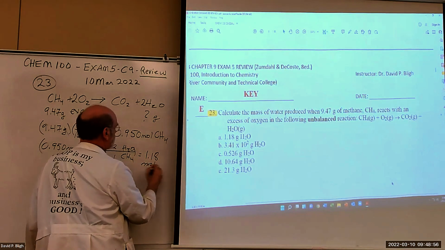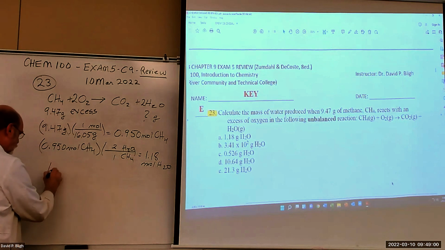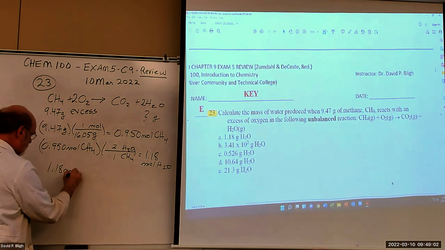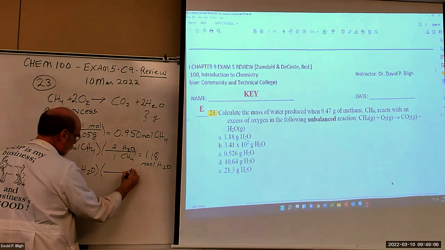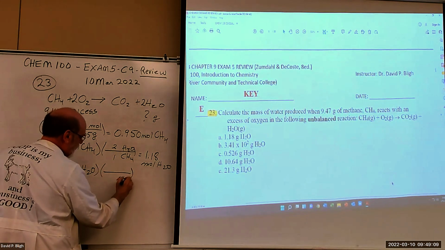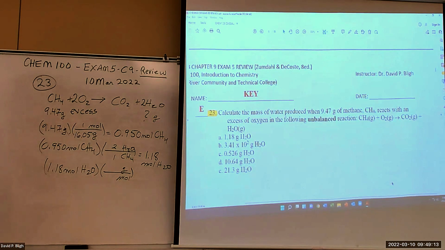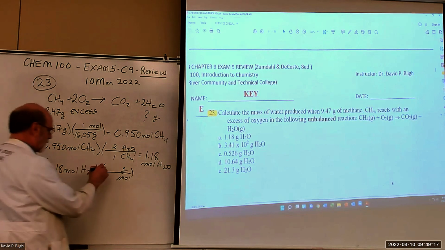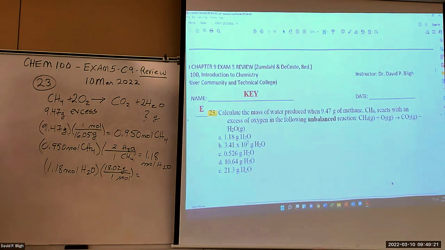moles of water. Now to convert moles of water to grams, we need molar mass again. This time, we need molar mass of water. Remember what that one is? 18.02. Times 1.18.